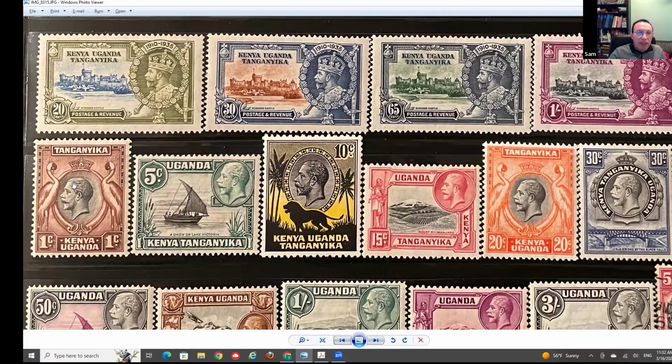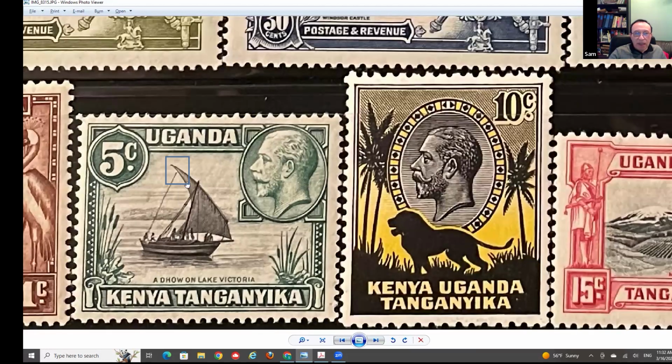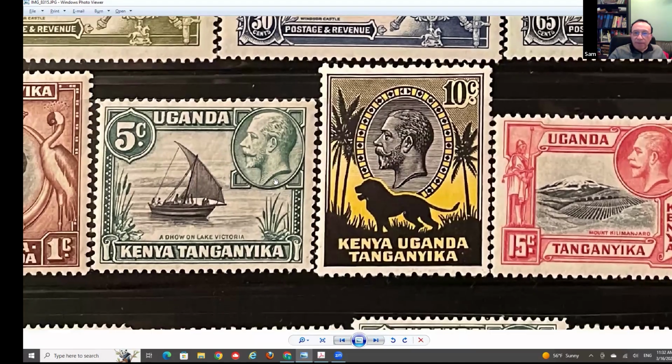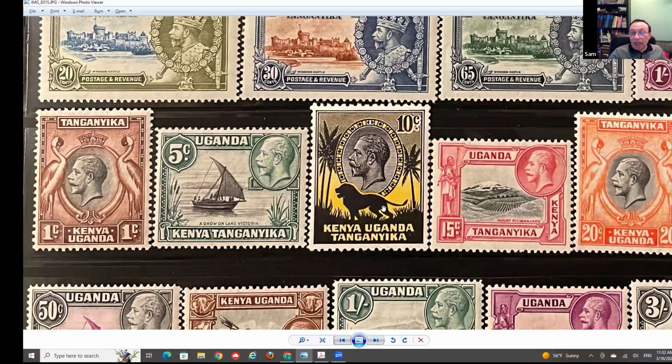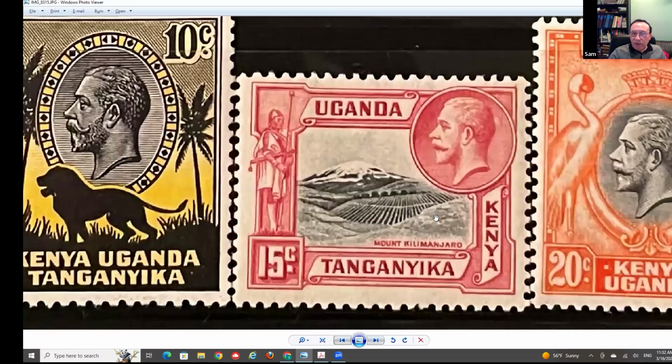So you see the cranes again here. Now here, let me see if you can tell, the rope doesn't touch the sail. So this was corrected a lot later. Now the lion, that's the national animal in Kenya. Then this is the famous Kilimanjaro in Tanzania.